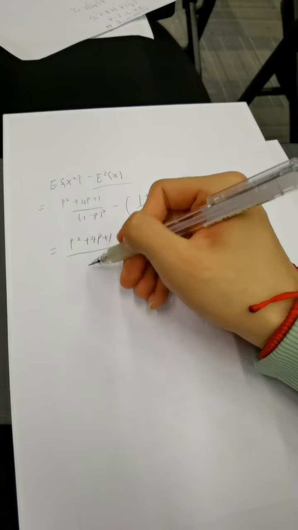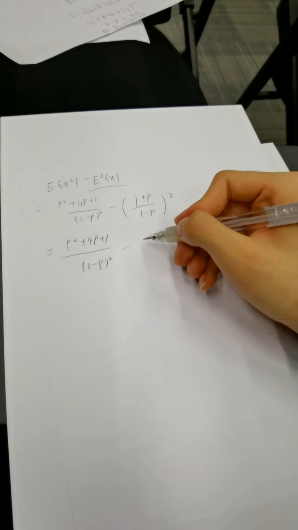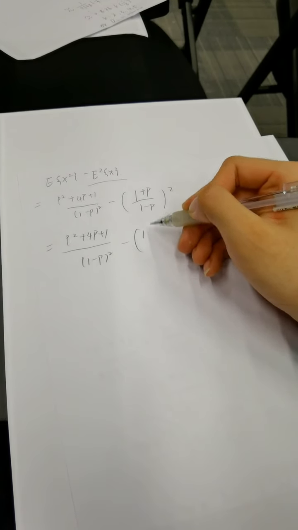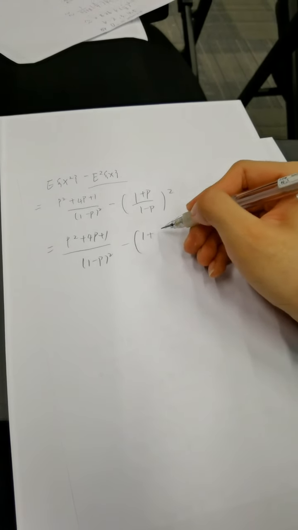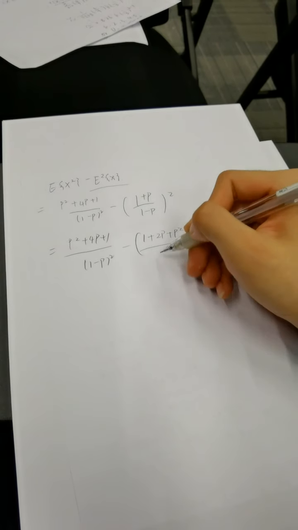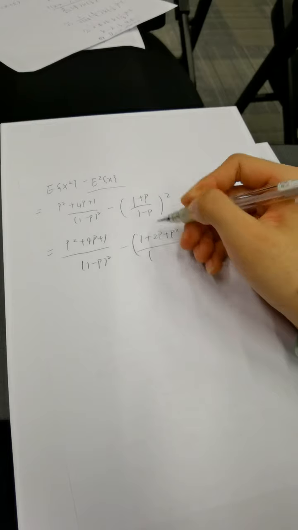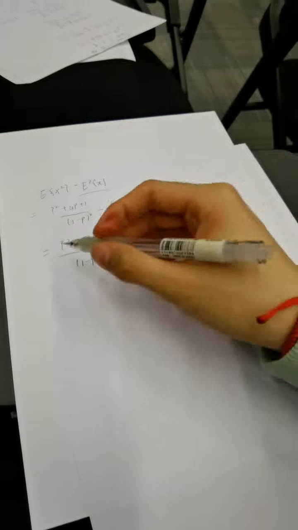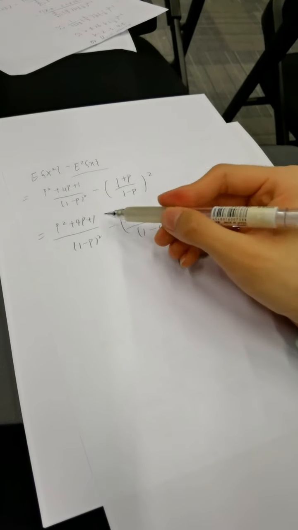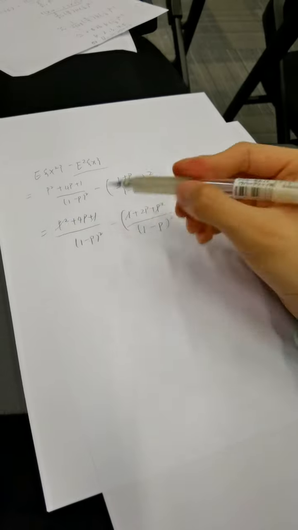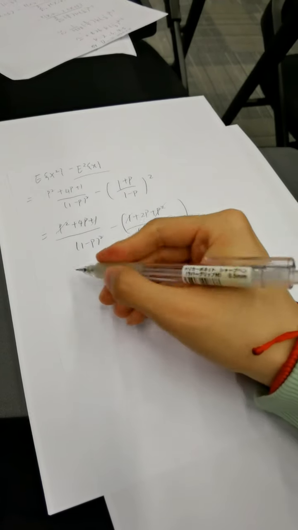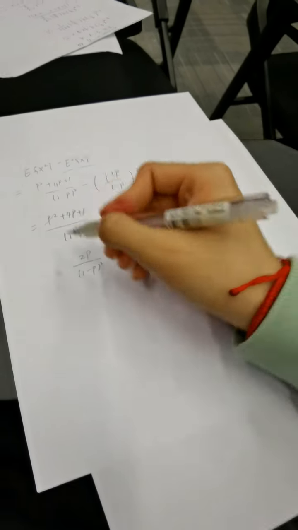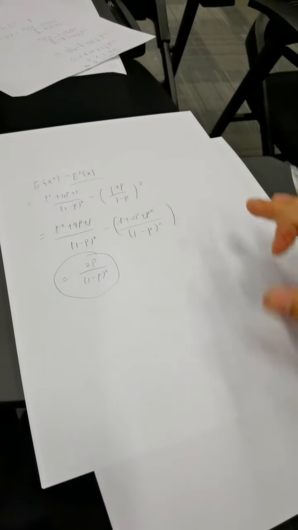I just directly copy this one because we need to get this one first, which is 1 plus 2p plus p twice divided by 1 minus p to twice. So we can put this equation together. This delete 1, and 4p minus 2p is equal to 2p divided by 1 minus p to twice. So this is the fourth question.